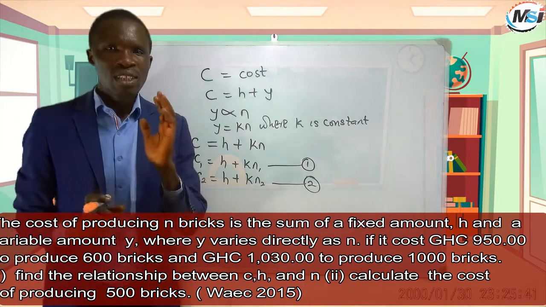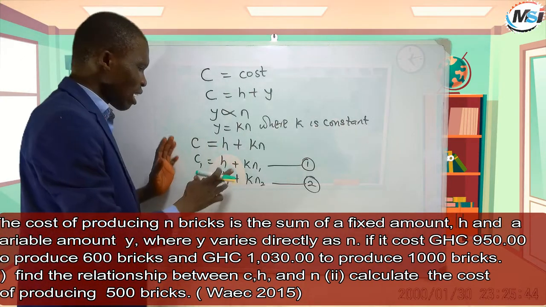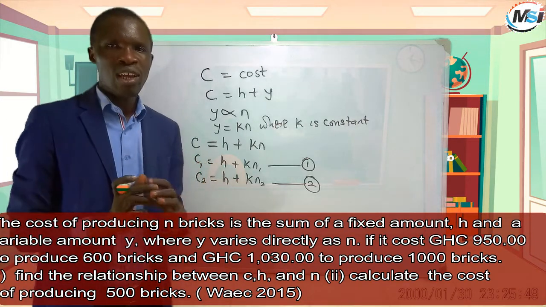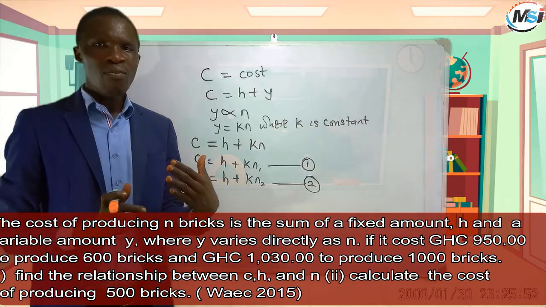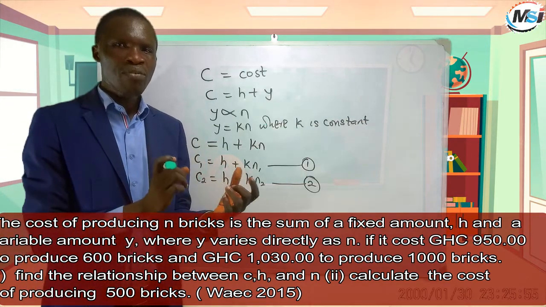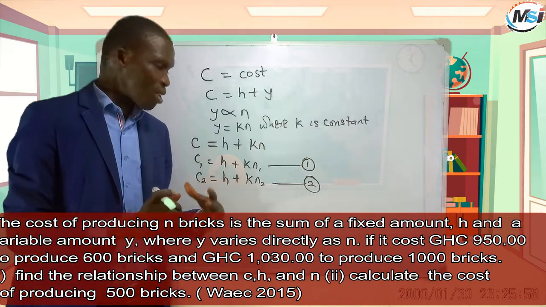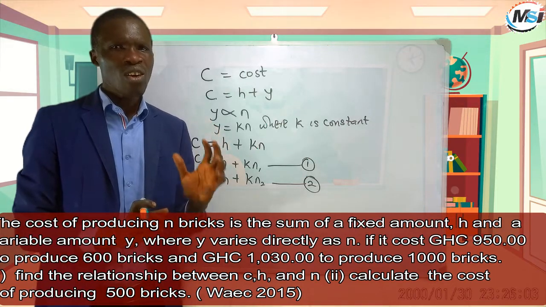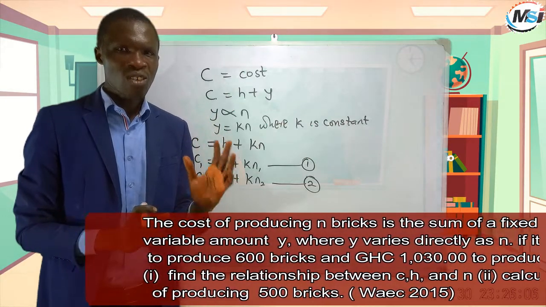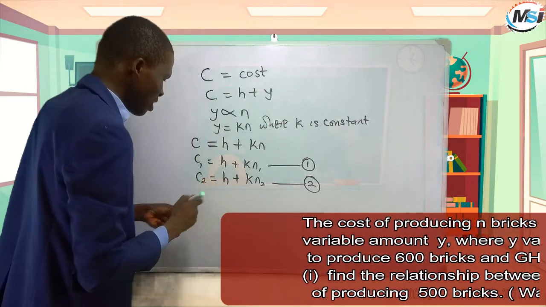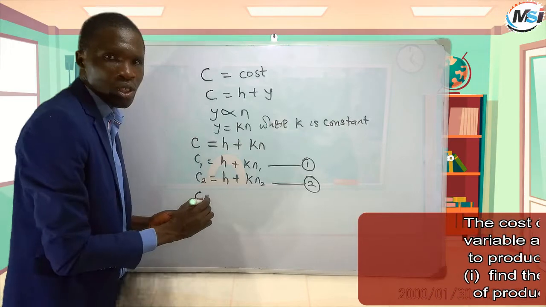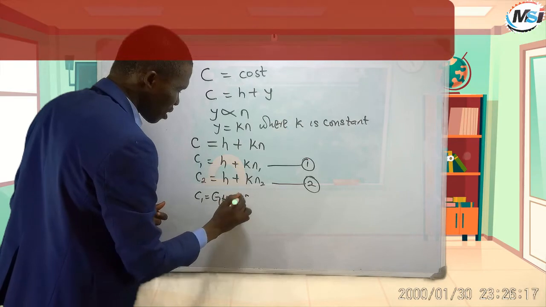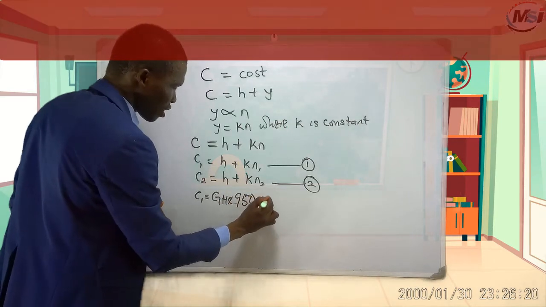Now let's move forward. Now that we have gotten the equation, the next thing to do is go through the question again. If it costs 950 Ghana cedis to produce 600 bricks, that is telling you that C1 will give us 950 Ghana cedis.